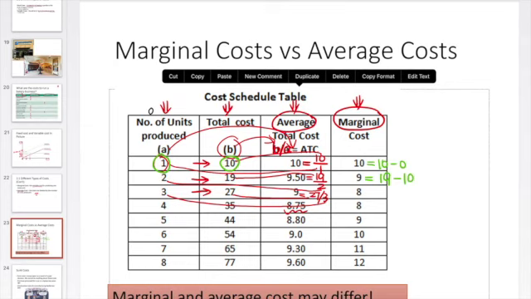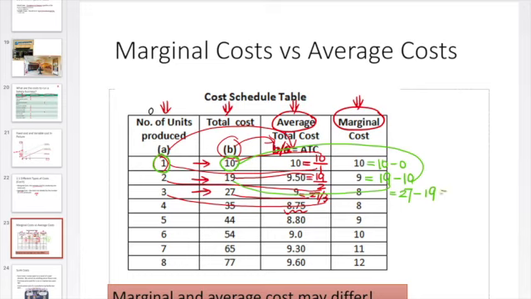So the 19 is from here, and the 10 is from here. Same thing, what's the marginal cost to produce the third unit? It's the total cost to produce all 3 items, which is 27, minus the total cost to produce the first 2 items, which is 19. So that's how you get 8.